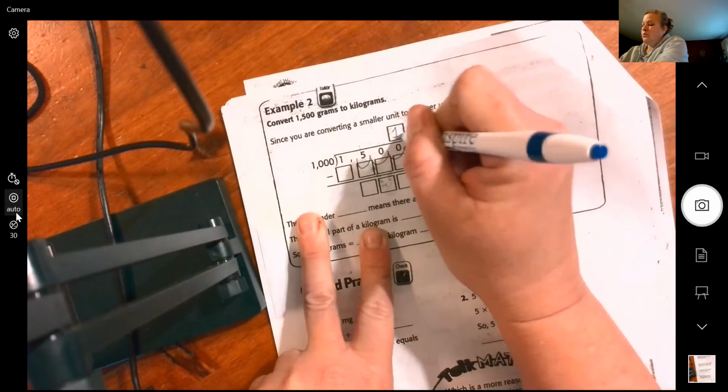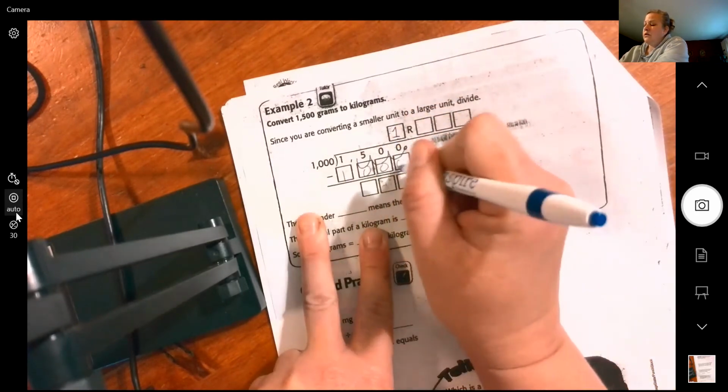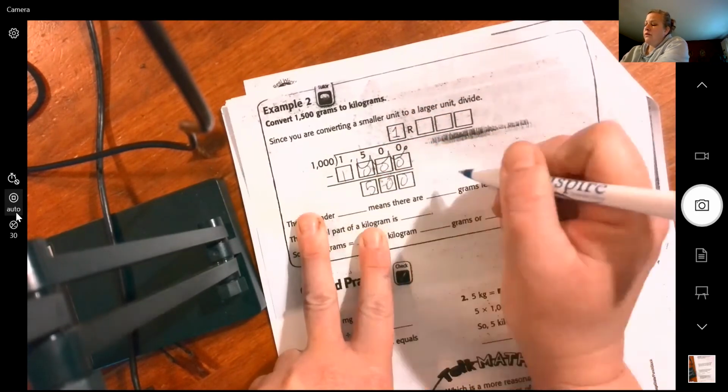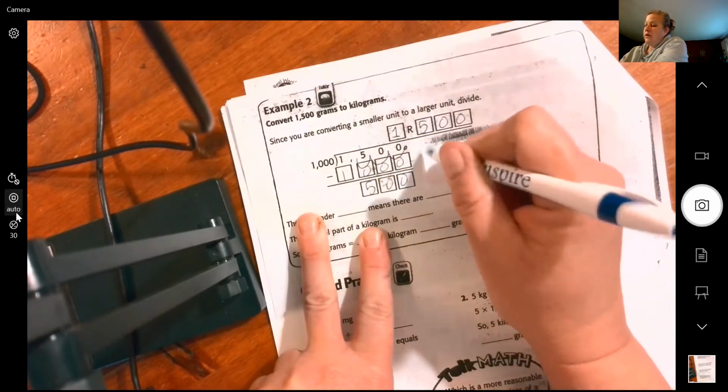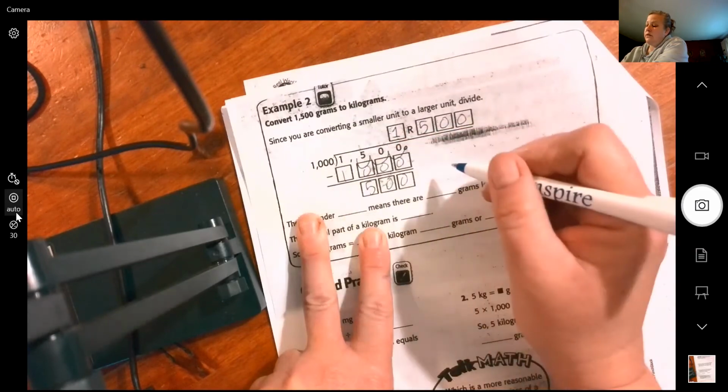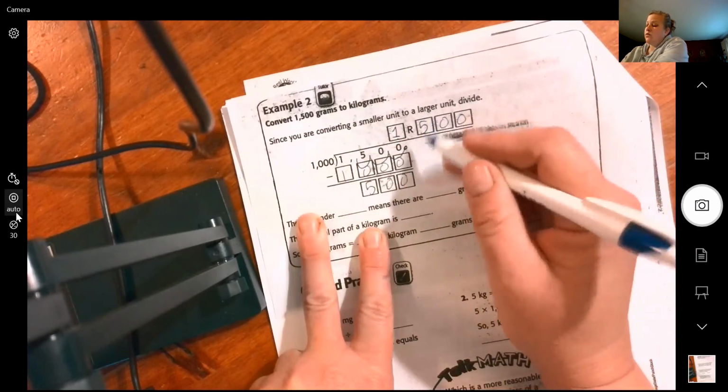So we can put one group of 1,000, but we have 500 left over. Our 1, in this case, 500 thousandths, 1.5.